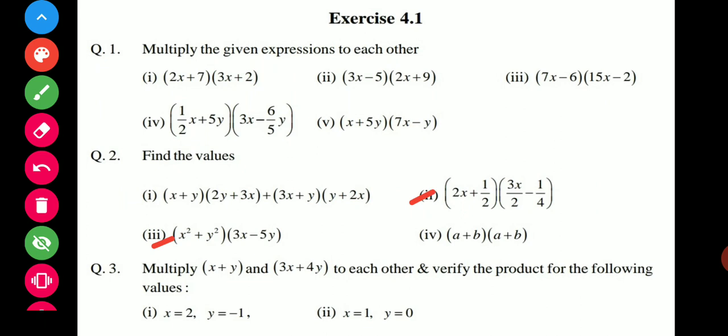Now come to the third question. Multiply x plus y and 3x plus 4y with each other and verify the product for the following values. First of all you can multiply this. It is x plus y, and here is 3x plus 4y.